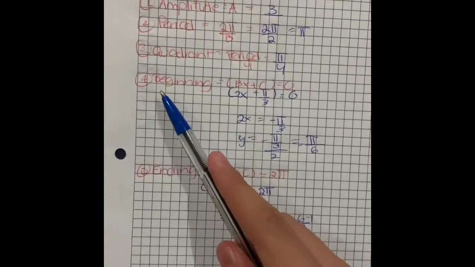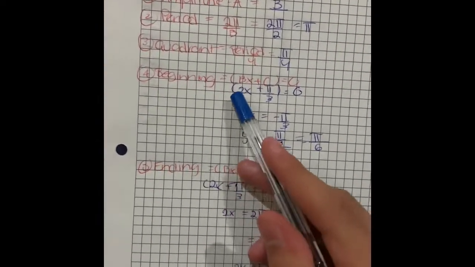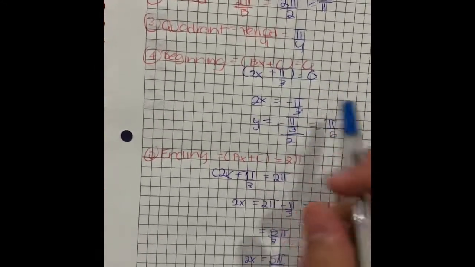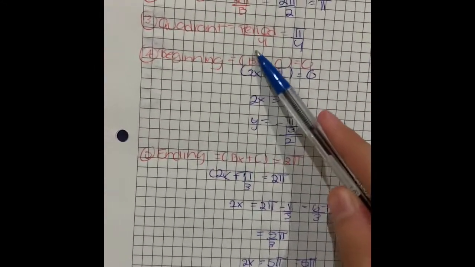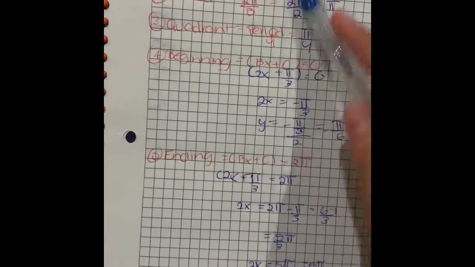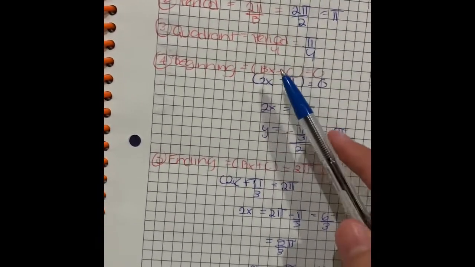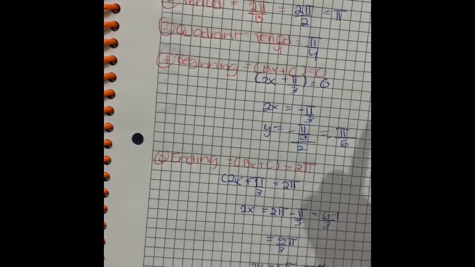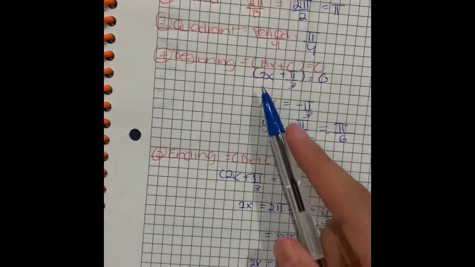Then to obtain the beginning, we have this formula, bx plus c equals 0. In this case b is 2, and c is 11 thirds, and what we need to do is substitute.